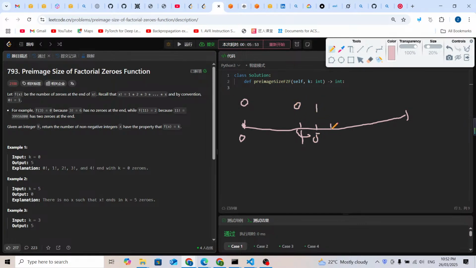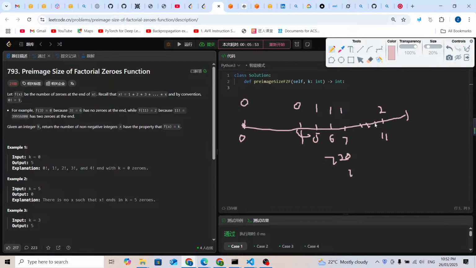It is 1. What about number 6? There's 1 trailing zero because 6 factorial is 720. What about 7? Maybe there's still only 1 trailing zero. Maybe after some number, according to the example, maybe this is 11, there are 2 trailing zeros.